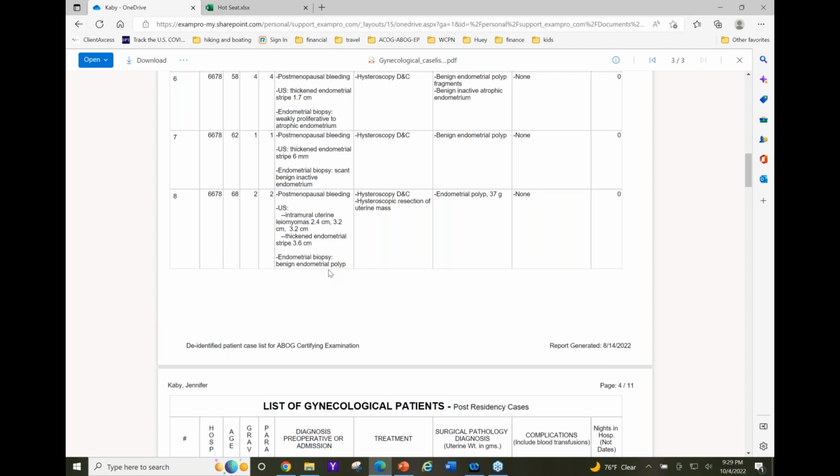Normally, I say for patients, if we do an endometrial biopsy in the office and it comes back benign, it doesn't necessarily mean that there may not be a focal lesion that did have a malignancy. But the reason why I do a biopsy in the office is that if it does come back as a malignancy, I avoid taking them to the operating room to do a hysteroscopy D&C and then still having to refer them to gyn-onc and then have another procedure.